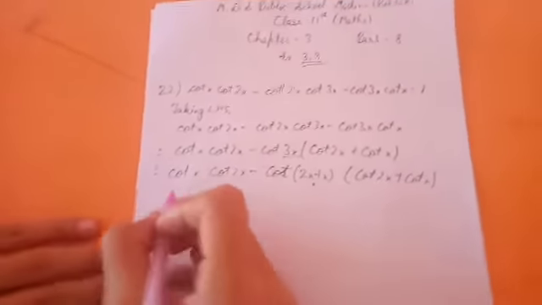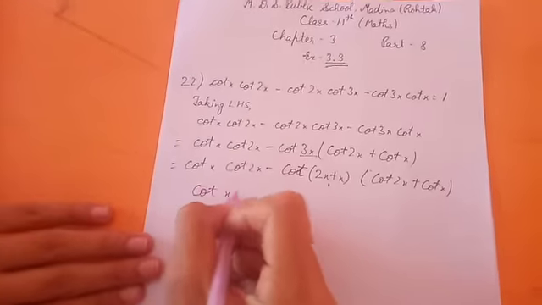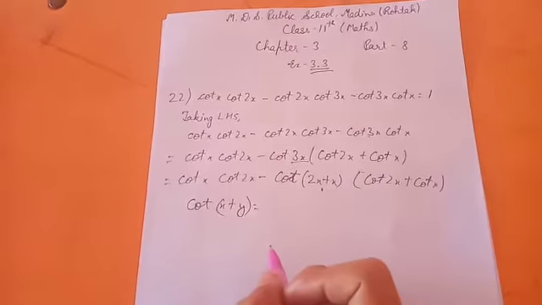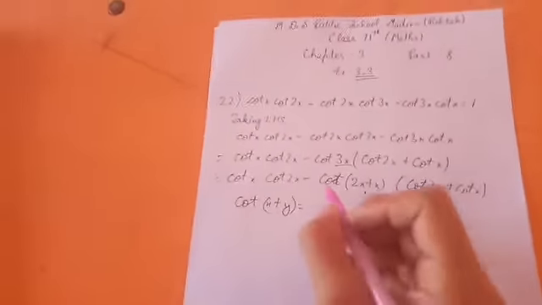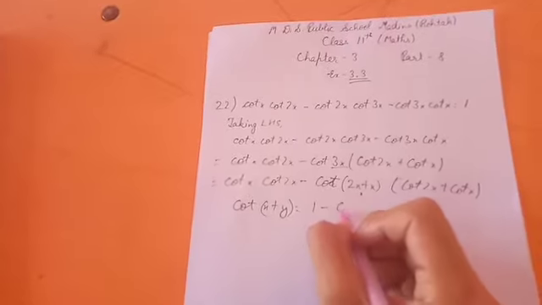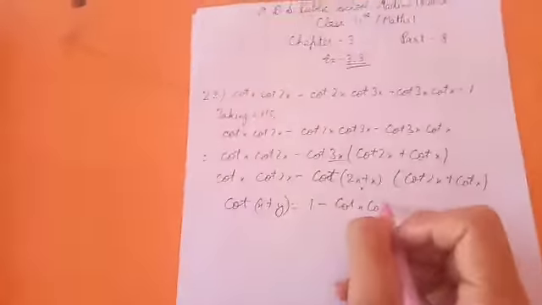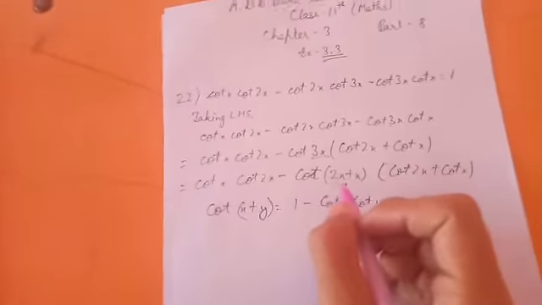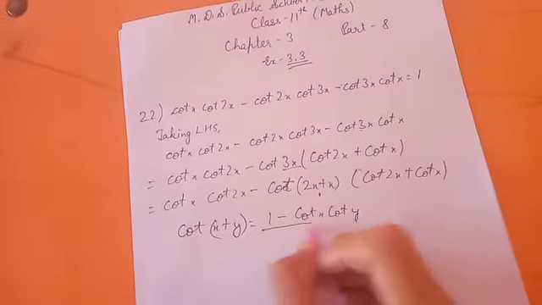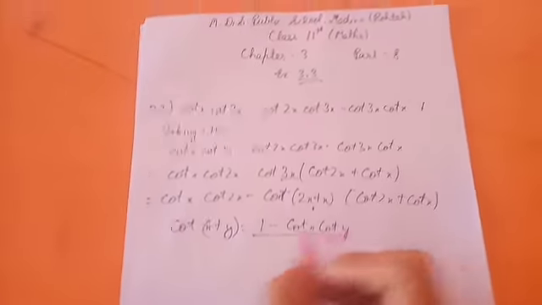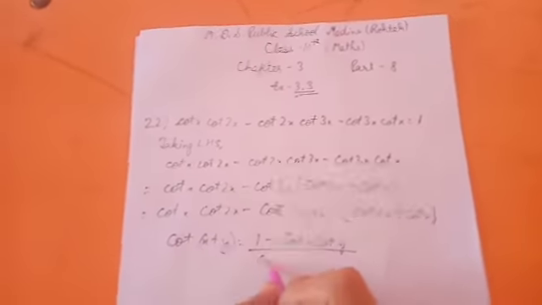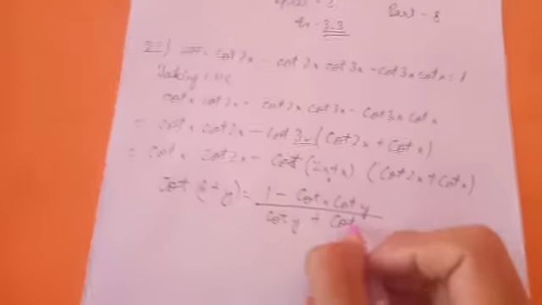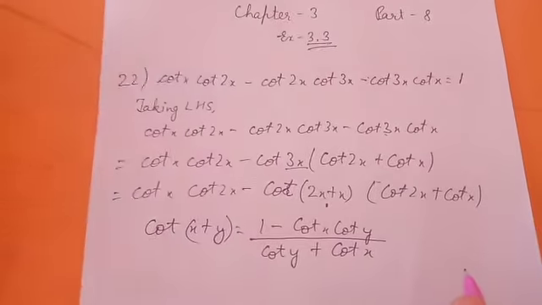Okay, now what is the formula of cot x plus y? Its formula is 1 minus cot x cot y divided by cot y plus cot x.